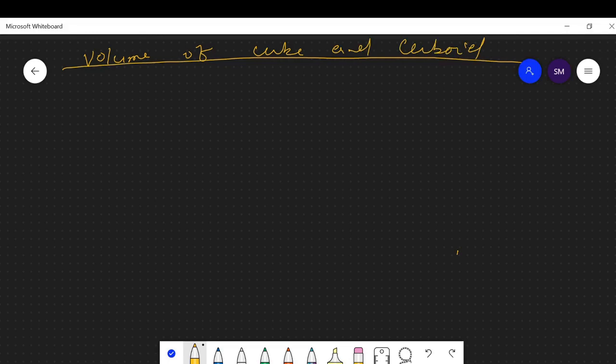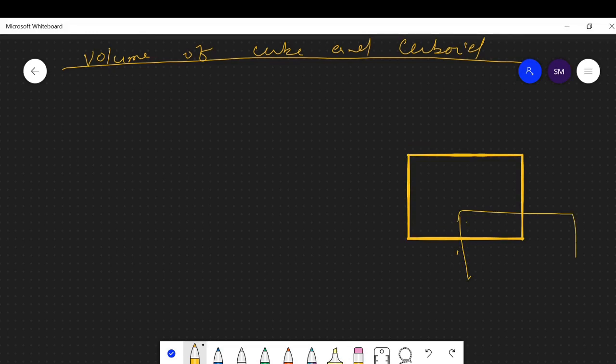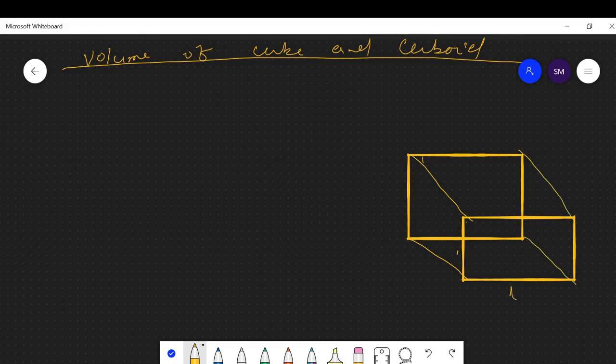The measure of the space occupied by a solid object is called the volume of the object. Suppose this is a cuboid. Then the volume of a cuboid is length into breadth into height. Let L, B, H be the dimensions of the cuboid.